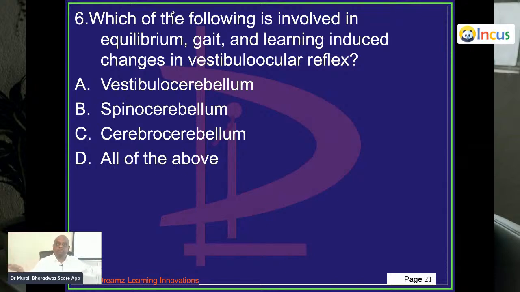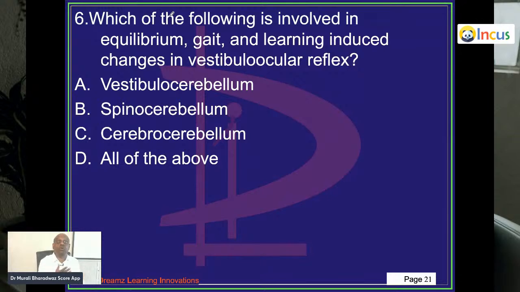Now, equilibrium, gait, and learning induced changes in the vestibulo-ocular reflex. How are they mediated? If you look at the cerebellum, it has lobes and a vermis, which is the central part of the cerebellum. The cerebellum has a close connection with your vestibular apparatus, which tells how the person is moving.